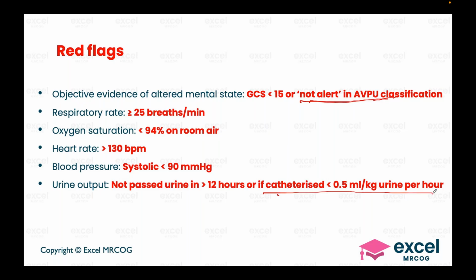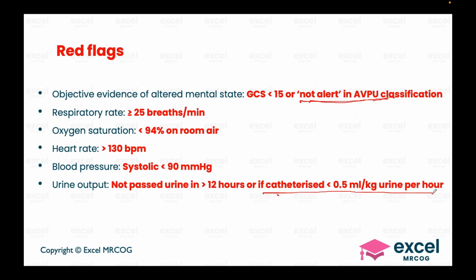Around normal for a 60 kg person, the urine output per hour is 30 ml. So if it is less than 30 ml, it would be abnormal. These are certain red flags that may be mentioned in the MEOWS chart that is provided to you in your exam.